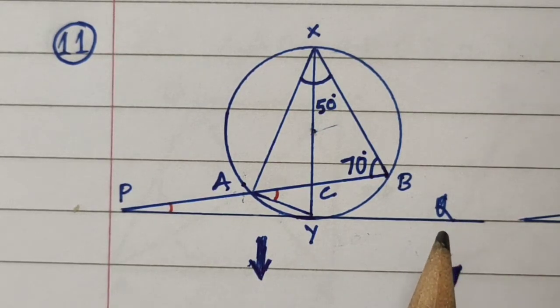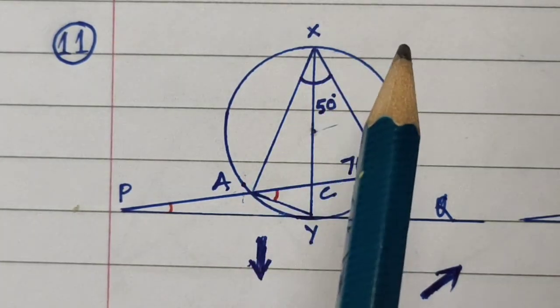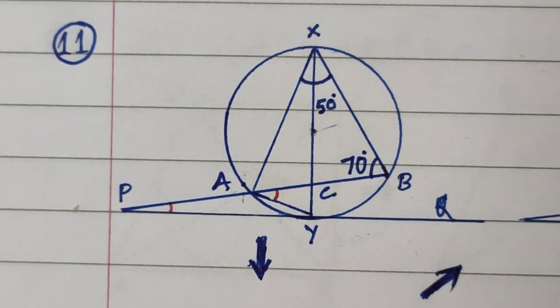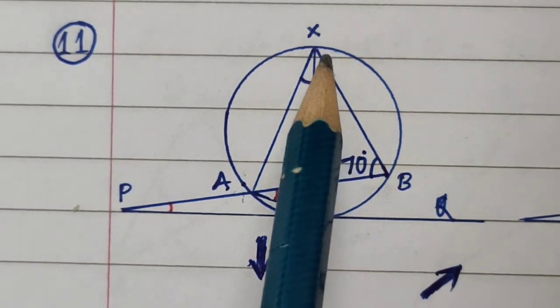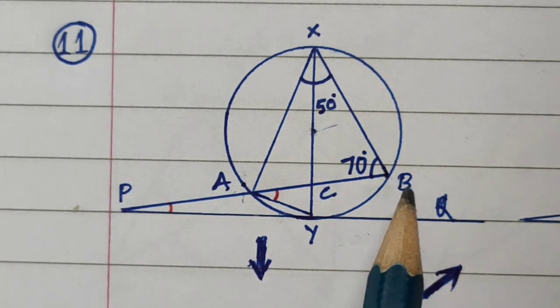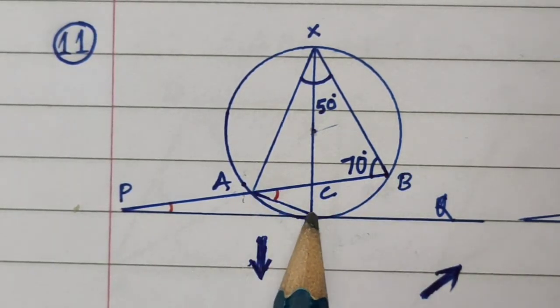PQ is a tangent at the point on the circle at Y. If AXB is equal to 50 degrees and ABX is 70 degrees, calculate BAY and CPY.